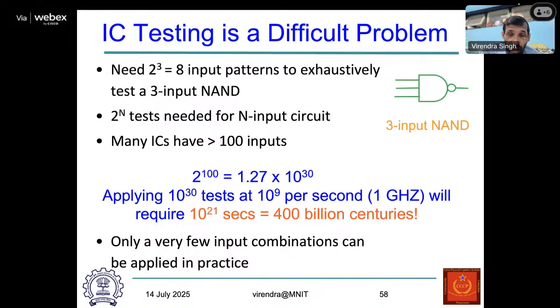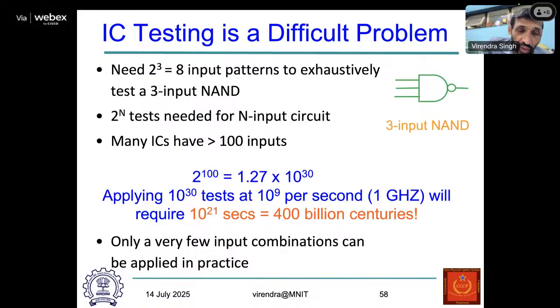If I can apply one input per cycle, and your design is operating at 1 gigahertz, in that case I can apply 10 raised to the power 9 vectors per second. Now, if you apply 10 raised to the power 9 vectors per second, in that case, the total number of vectors that you need to apply is 10 raised to the power 30, divided by 10 raised to the power 9. That would be equal to 10 raised to the power 21.